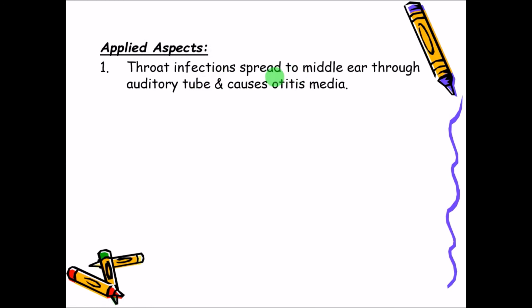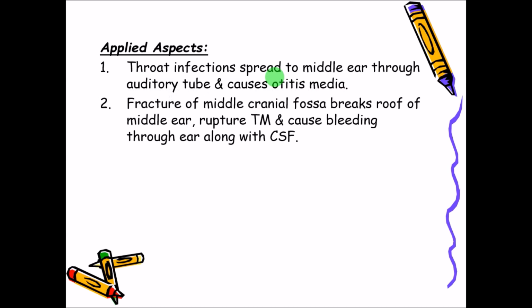If it is not treated early, then it leads to chronic otitis media. So infections from the oral cavity, throat, or nasopharynx easily get transmitted to the middle ear and lead to otitis media.